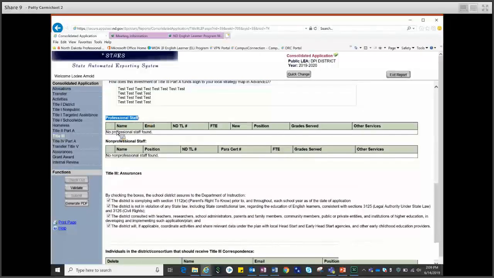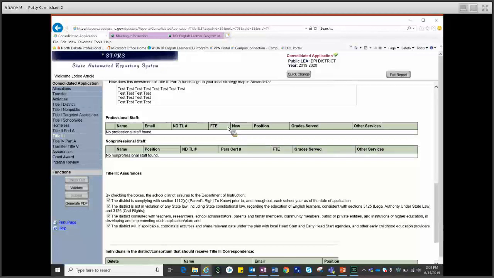And then we go down to professional staff, and you'll see there's quite a bit of information that goes into that area if you are adding a professional teacher or certified teacher. The big thing here where we get a lot of errors is in the FTE section.